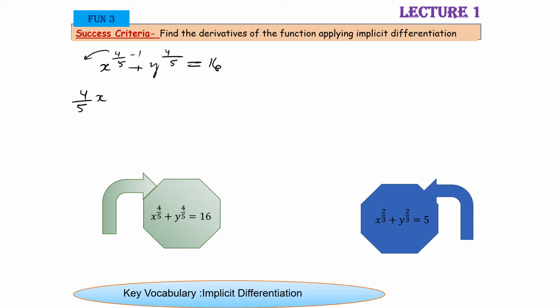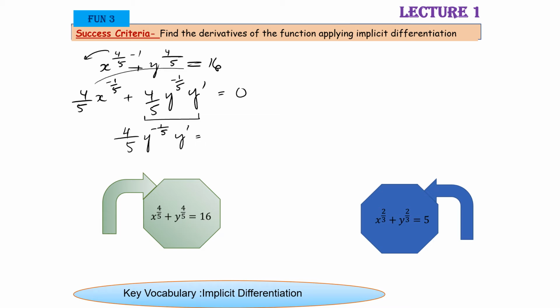So 4 over 5 minus 1, you will get negative 1 over 5, plus 4 over 5 y to the power negative 1 over 5, and don't forget to write y prime equals 0. Keep the y prime terms on the same side, and the other term, that is 4 over 5 x to the power negative 1 over 5, stays as it is.